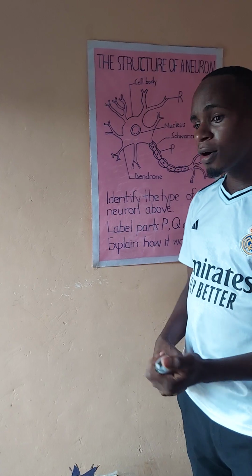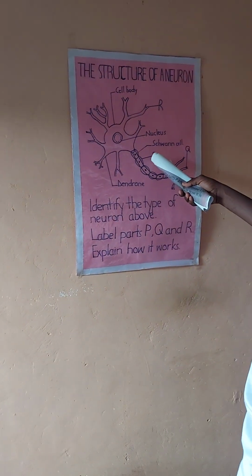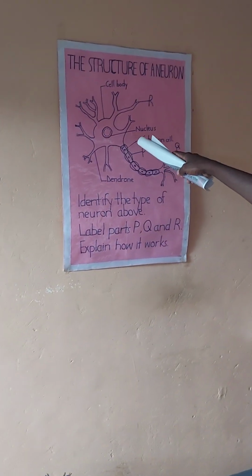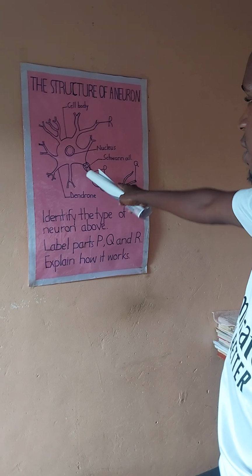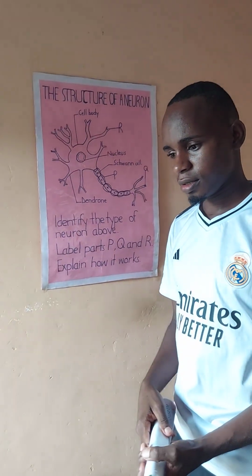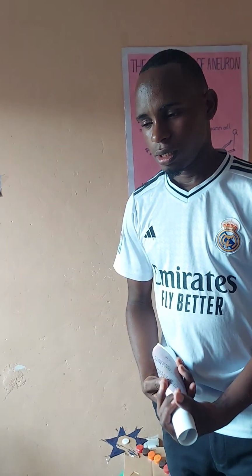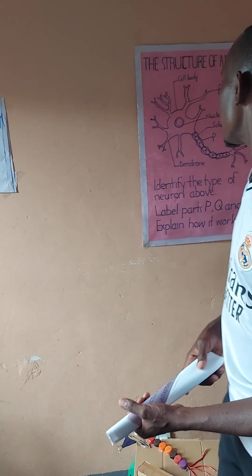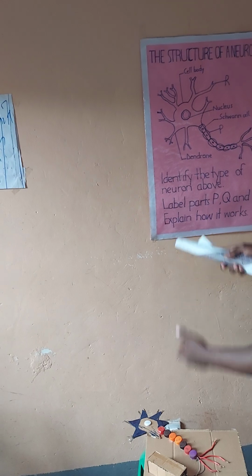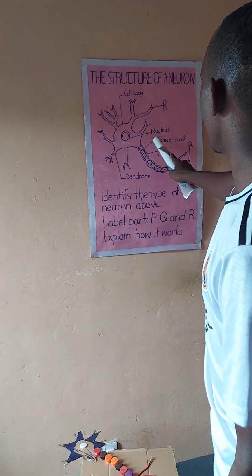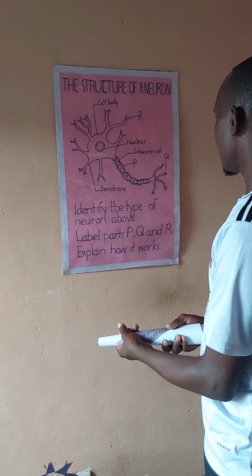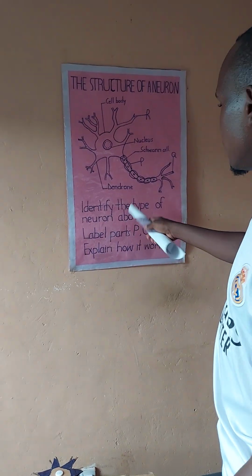What's the function of the myelin sheath? As you labeled it as the myelin sheath. The myelin sheath speeds up transmission of impulses in a motor neuron. Speeds up the transmission of the nerve impulses. Thank you so much. How is it adapted?